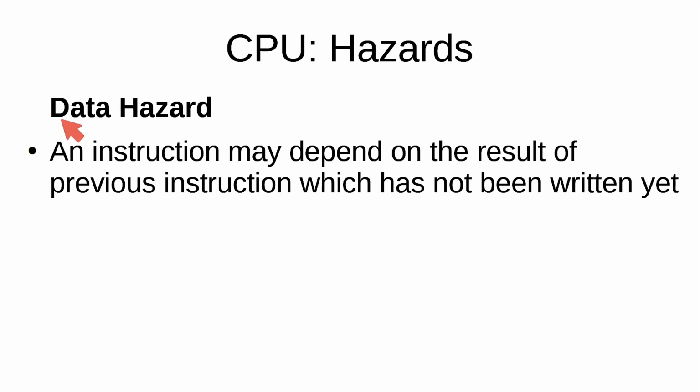The second type of CPU hazard that we are looking at is the data hazard. This hazard may happen when an instruction depends on the result of the previous instruction, which has not been written yet. So now let's look at an example.